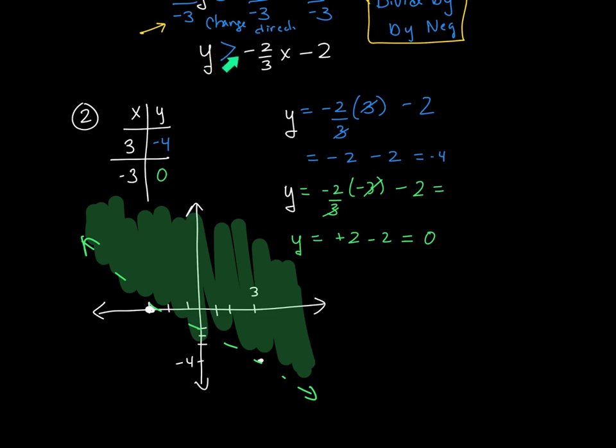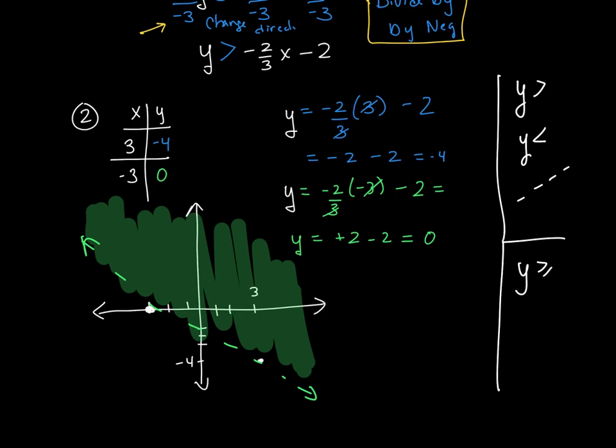So if there's not the solid line, and this is always going to be true, if it is just strictly y is greater than or y is less than, those are always going to be that dashed. If it is y is greater than or equal to, or y is less than or equal to, that's when you always have the solid line.